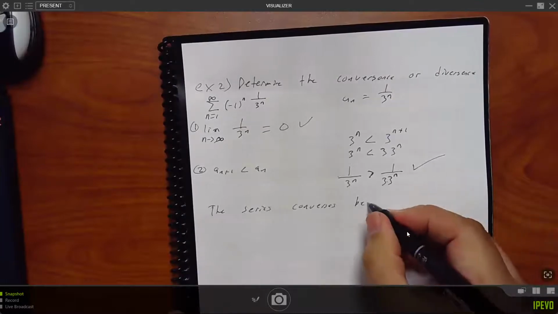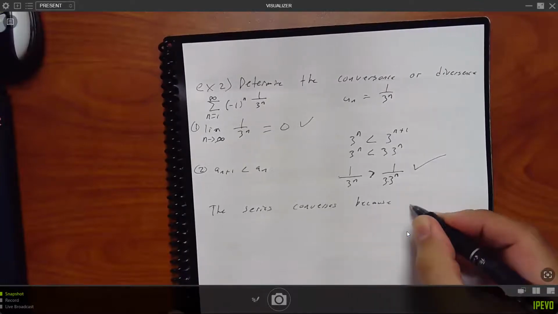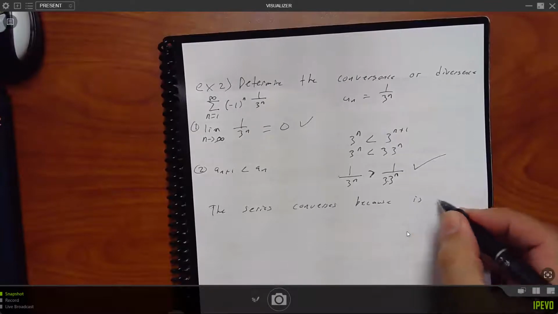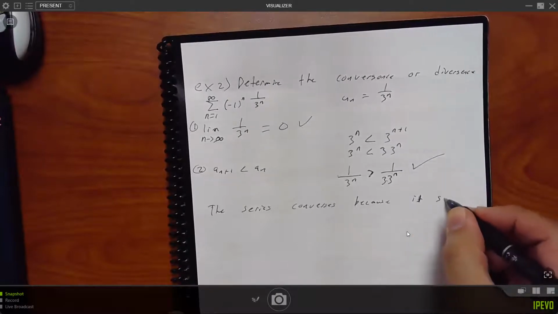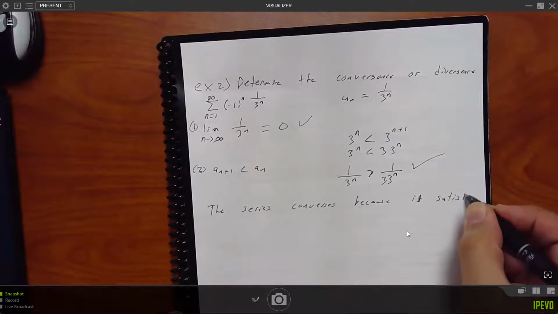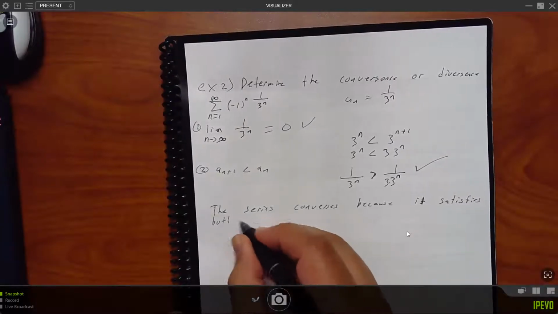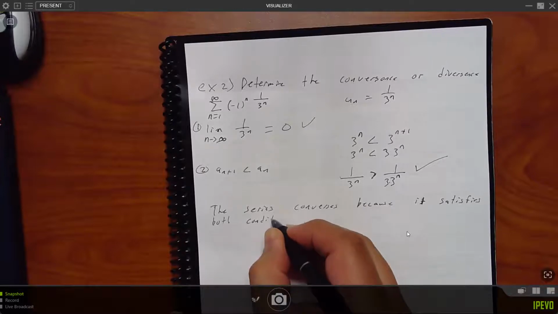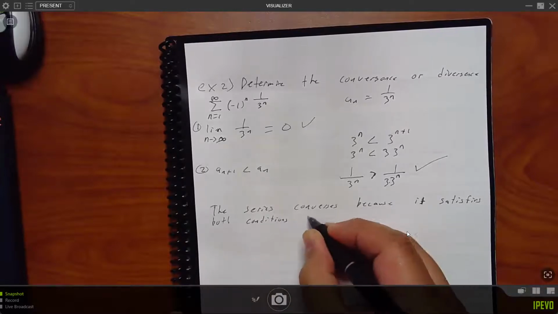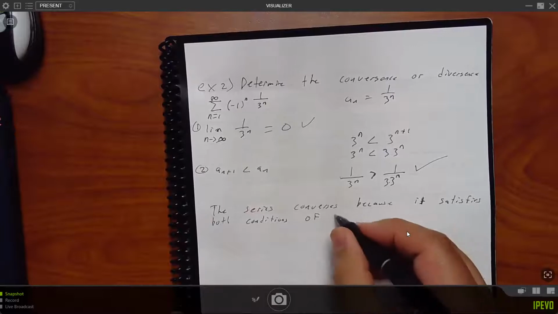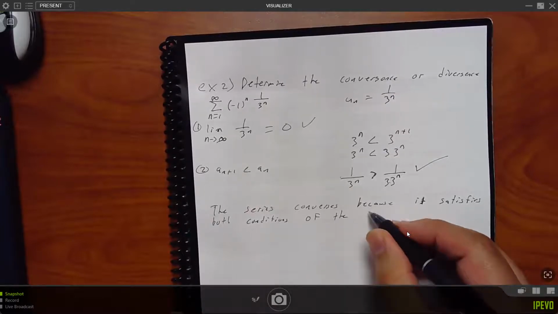I'll put a little more detail this time because it satisfies both conditions of the alternating series test.